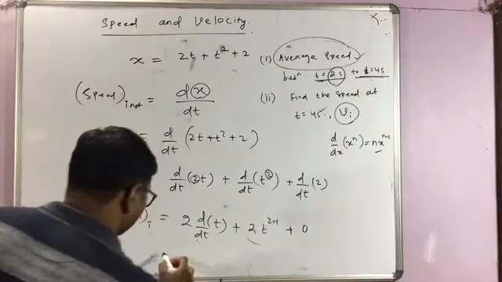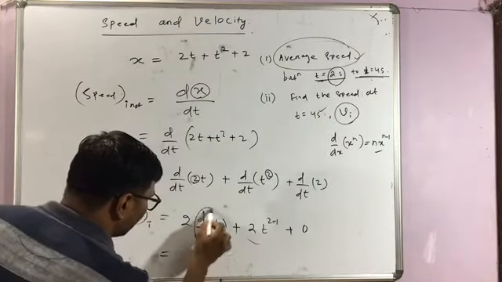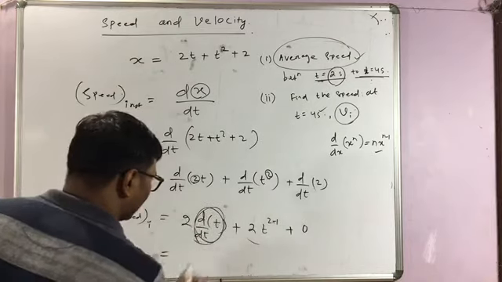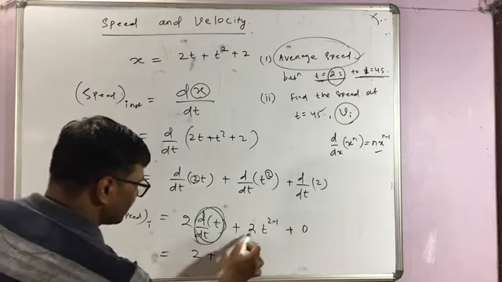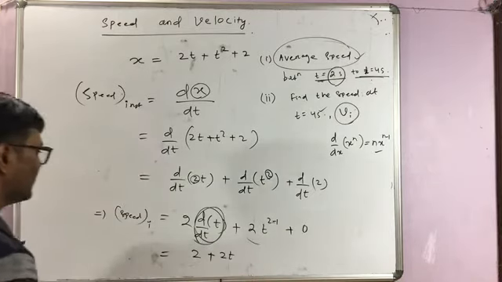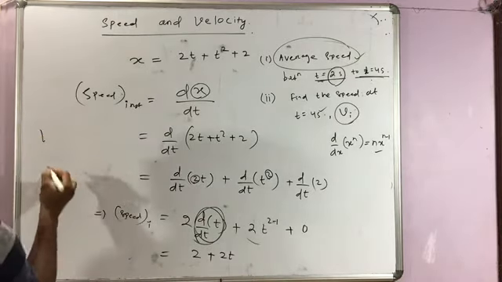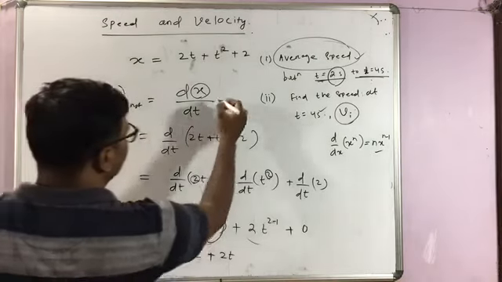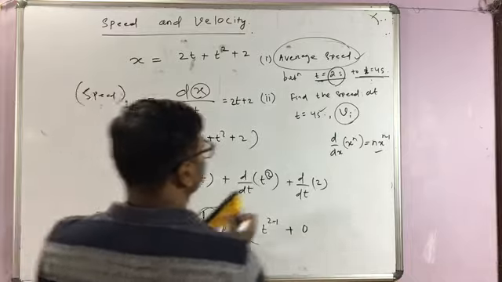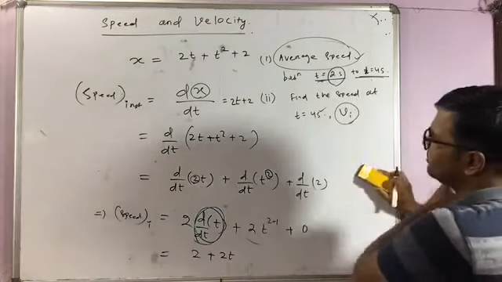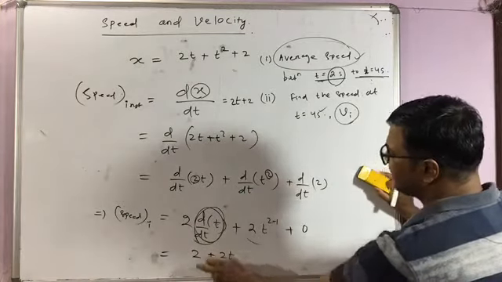Now you can see here dt by dt is 1, so this is 2 plus 2t. So your instantaneous speed, what you got, is 2t plus 2.